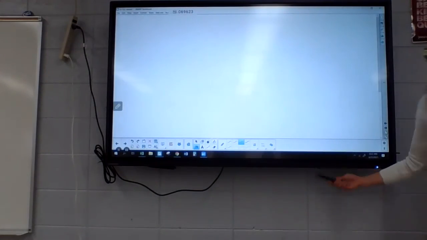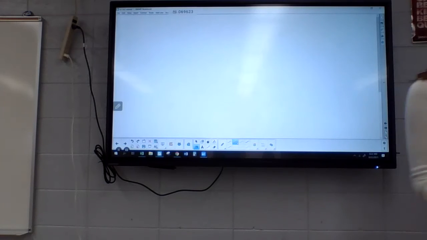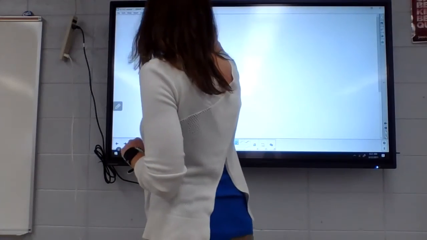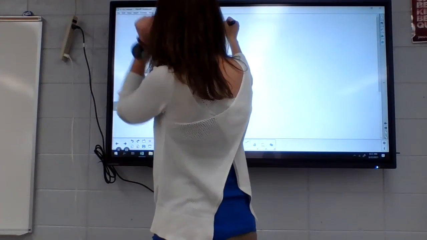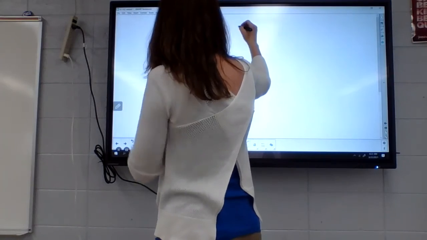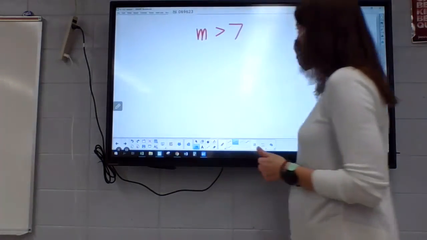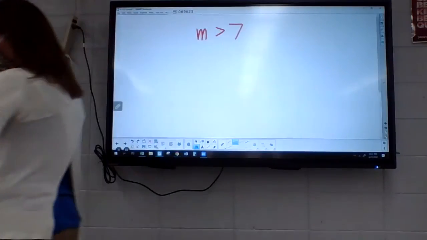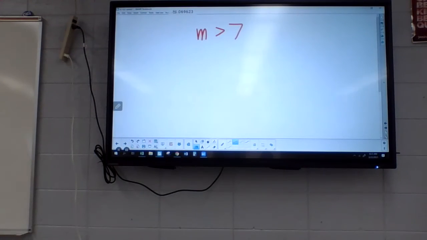All right. So I want you guys to graph an inequality. On your board, you're going to graph your inequality. If I have m is greater than 7, put that on your number line for me. M is greater than 7.